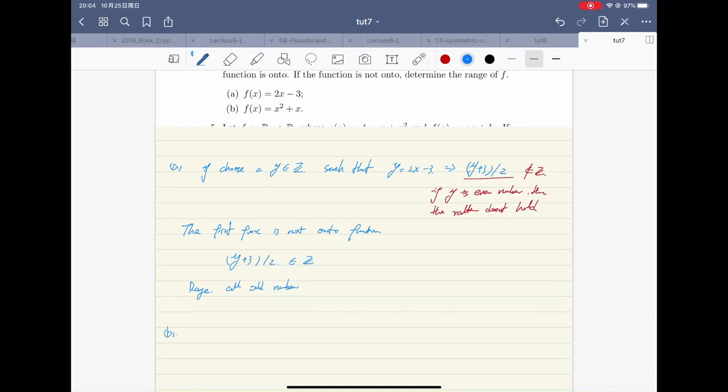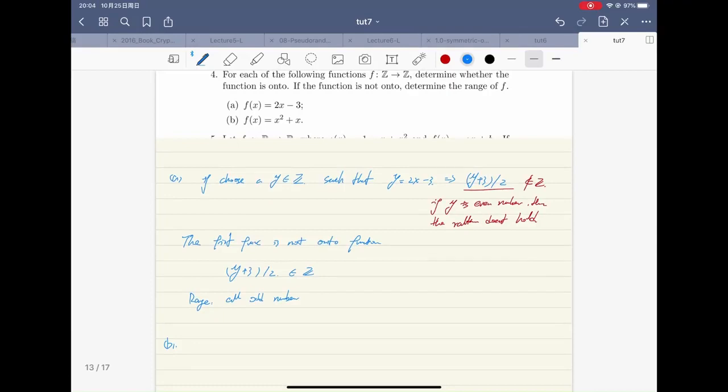And for function b, we have f(x) equals x squared plus x. Suppose there exists y belonging to the integers such that y equals x squared plus x. Then we can rewrite the function as (x plus 1/2) squared minus 1/4, right?